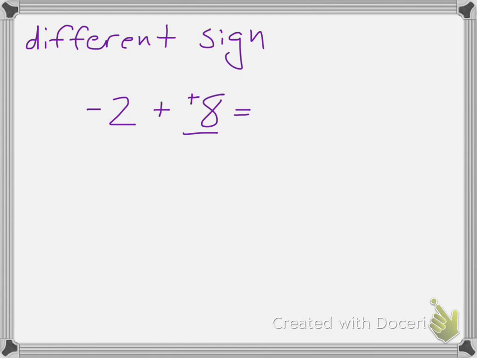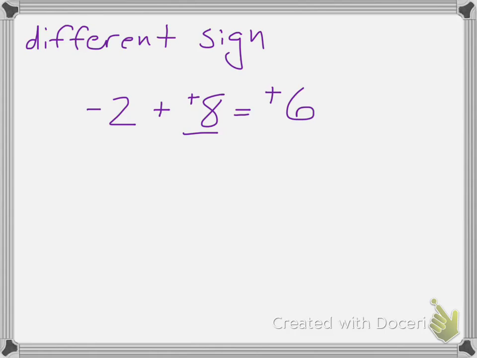If I ignore the negative and the positive, the 8's a bigger number, so I know that my answer is going to be positive because the +8 is there. And then from this step, all I have to do is subtract the other number from the one that I just chose. So since the 8 has a larger absolute value, it's going to be a positive number, and 8 minus 2 is 6. So a -2 plus a +8 is going to be a +6.